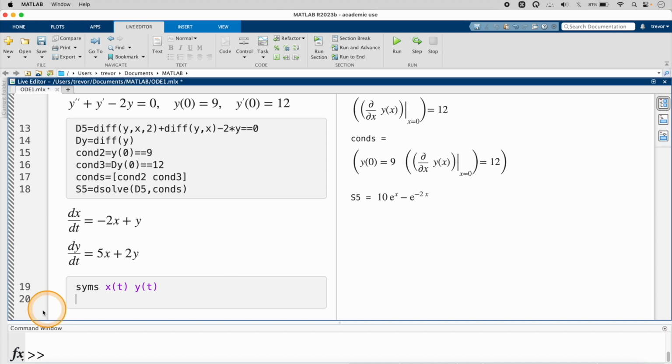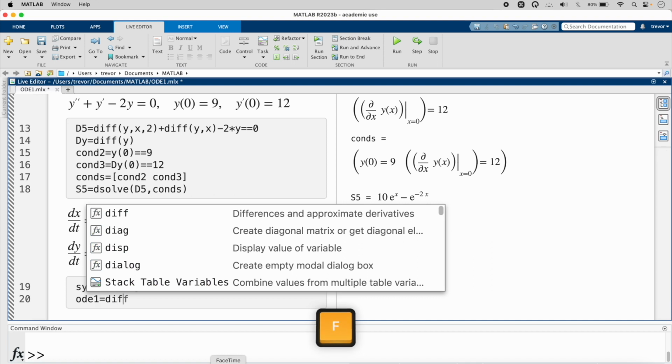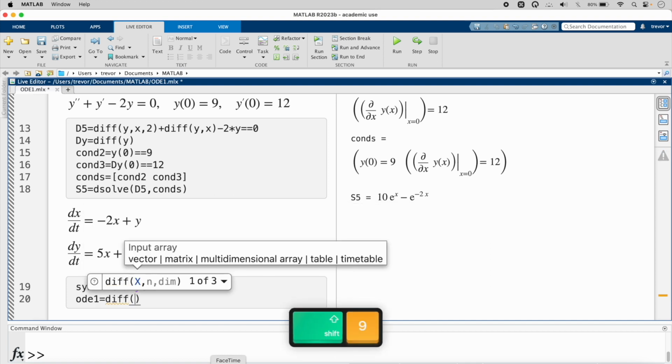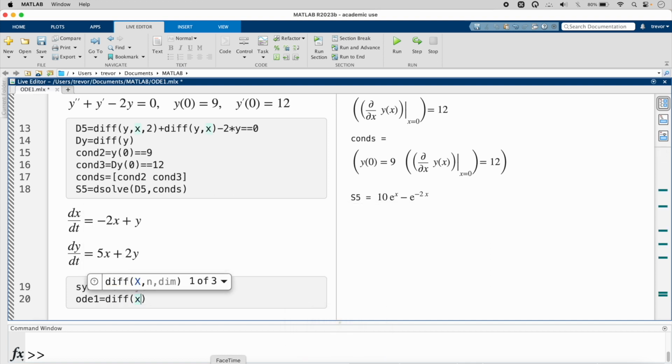And then I go on and enter this equation here. So I'll call it ODE 1 is equal to the derivative of x. In this case, there is no need of specifying the derivative of x with respect to t, like what we're doing here, where we say with respect to y.